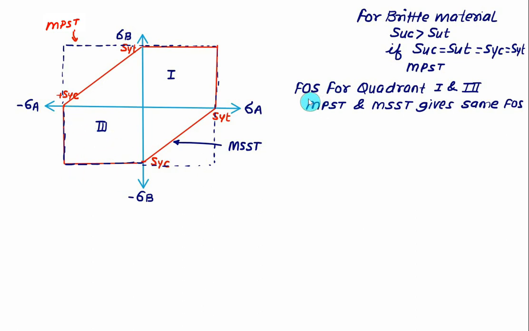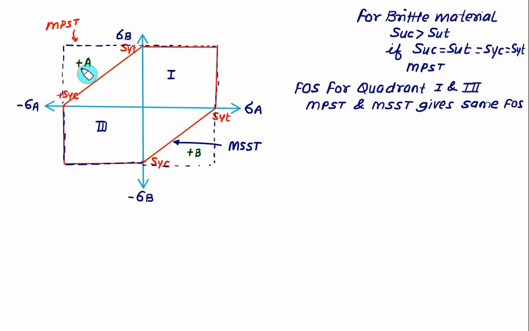Therefore, the factor of safety for quadrant 1 and quadrant 3 by MPST and by MSST gives the same value. If we have principal stresses sigma A and sigma B in quadrant 2 and quadrant 4, let's say I have taken two points, A and B. Point A is inside the MPST limit, so the part will not fail.